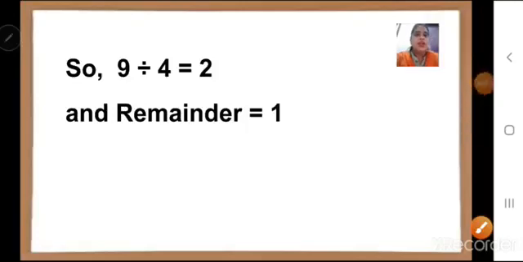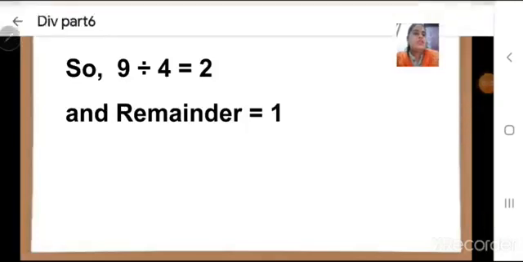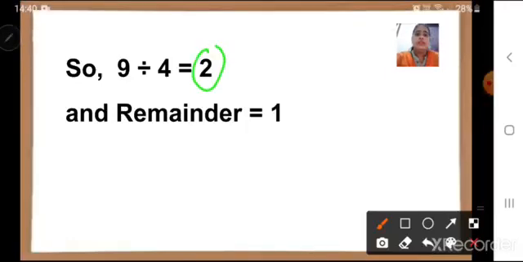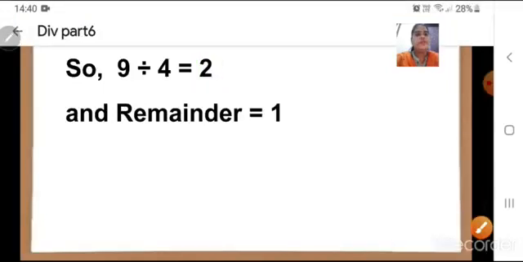Children, now we have got this answer, number 2. The quotient is 2. Now let us see whether the answer that we have got is right or wrong, whether it is correct or not. How are we going to find out? With the help of a formula. Now what is that formula?